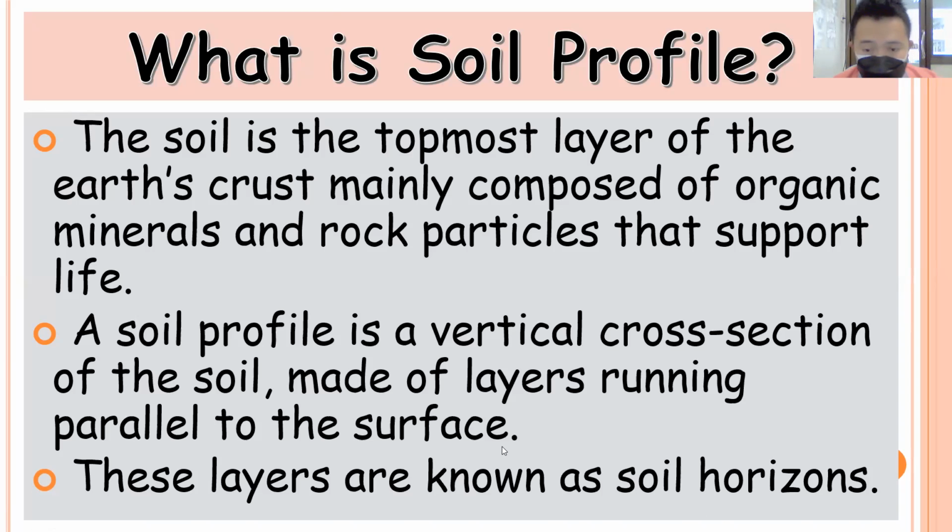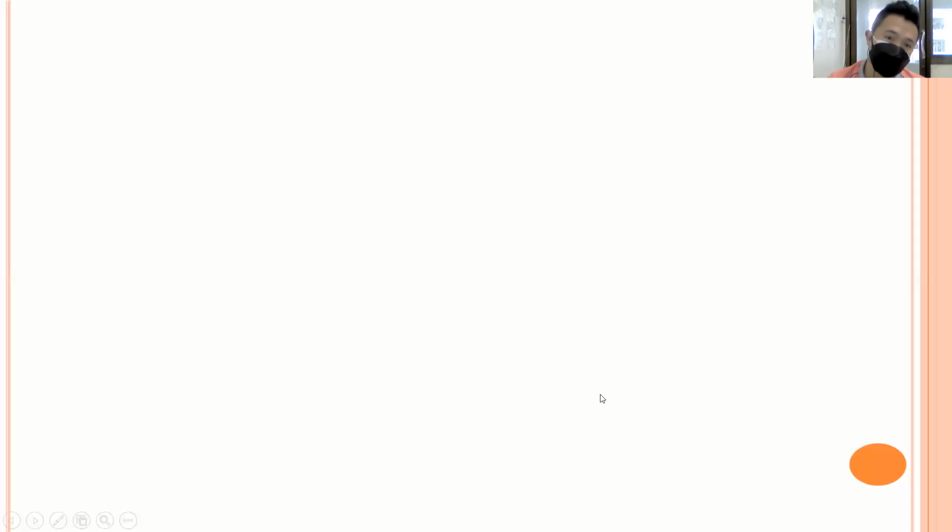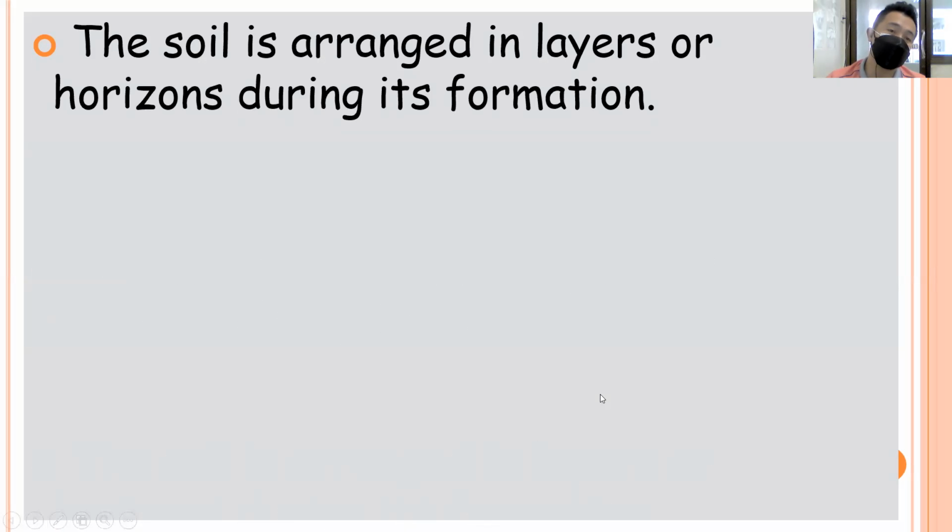These layers are known as soil horizons, okay? As what the presentation shows, told you a while ago, says that the layers are known as horizons, right? Horizons. So according here, the soil is arranged in layers or horizons during its formation.